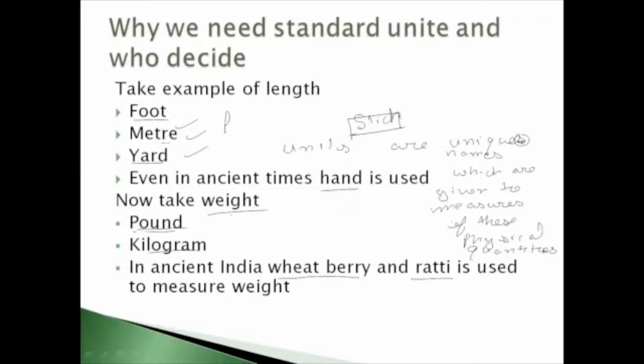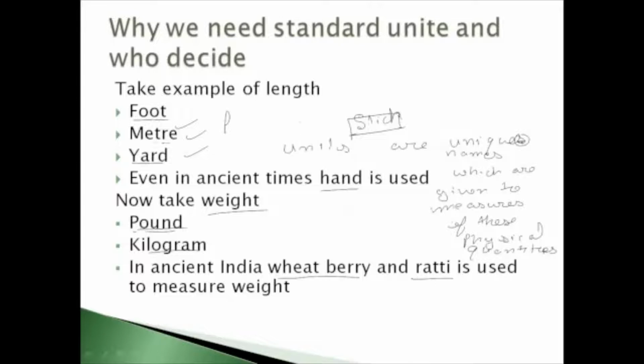But to avoid confusion, we need some standard units which can be used by everyone, because if every person situated on the earth uses his own unit, then during calculation or checking the results a great confusion will arise.